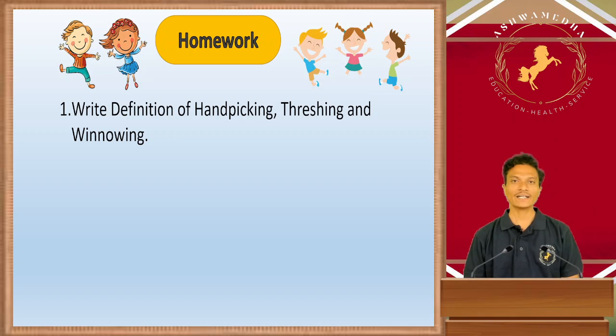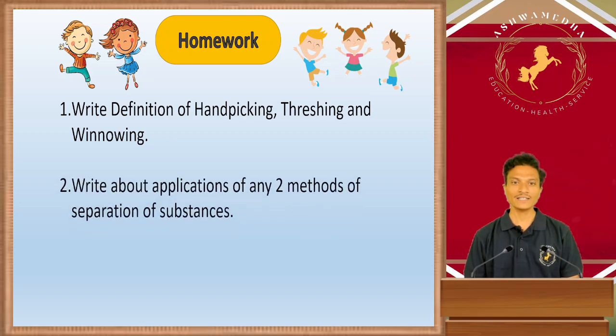And the second homework is you need to write a few applications of 2 methods of separation of substances. Out of 3 methods, you can choose any 2 methods and write where it is applied. For example, handpicking is applied in the kitchen, so you can write that example. Okay, in that way choose any 2 methods and write their applications.